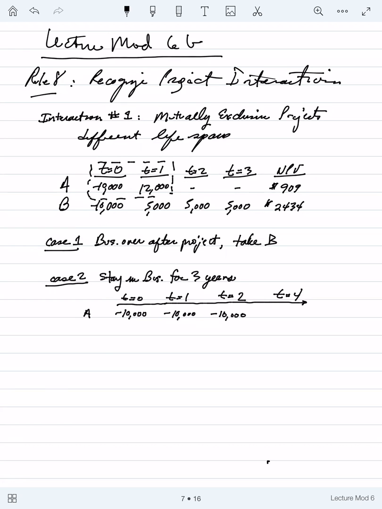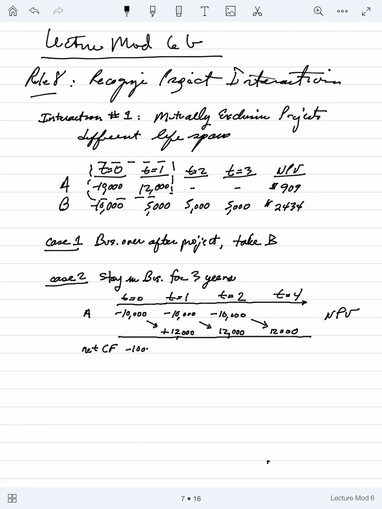So the outflows are running at 10 grand in each of those periods, and then I get plus 12,000, and the project again makes another 12,000. And then it does it again, makes 12,000. Now my net present value runs with looking at, in each time period, a net cash flow.